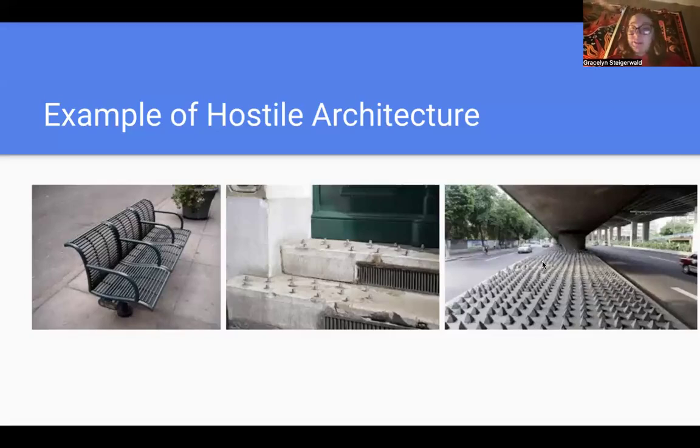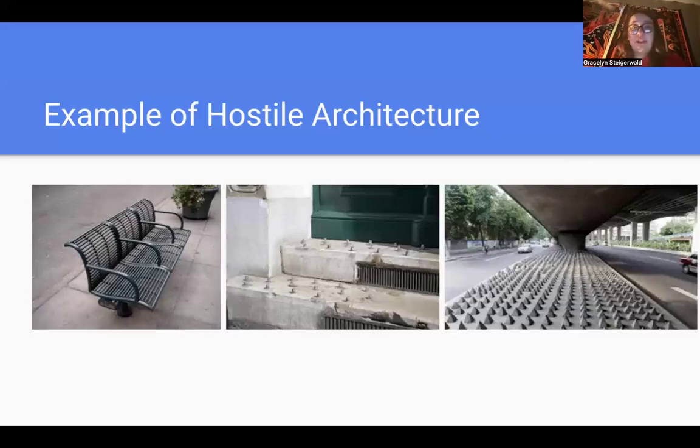And then next one, this one right here, is typically argued by most resources and arguments as the most unethical. These are spikes under a bridge, so this is a passway right here, and then there's spikes all under here. Bridges typically allow homeless people to have shade in the summer or block the wind in even the cold weather.